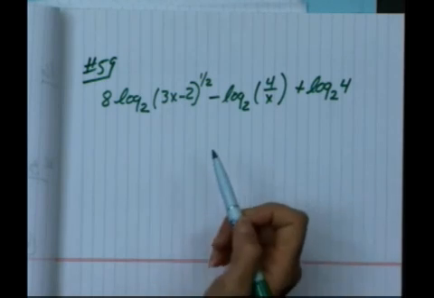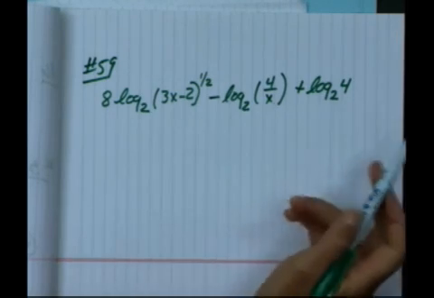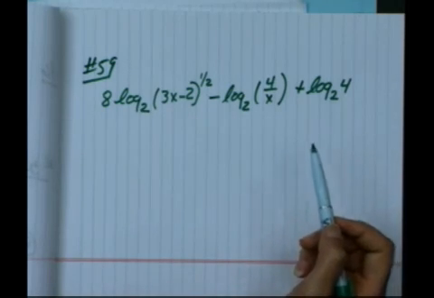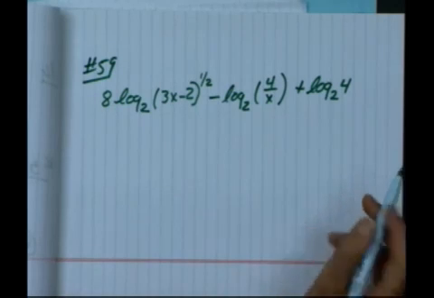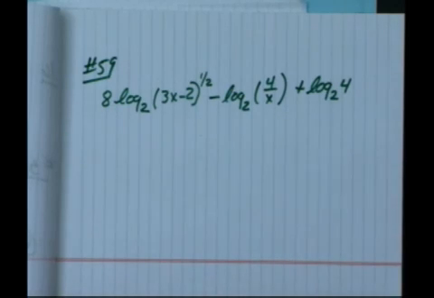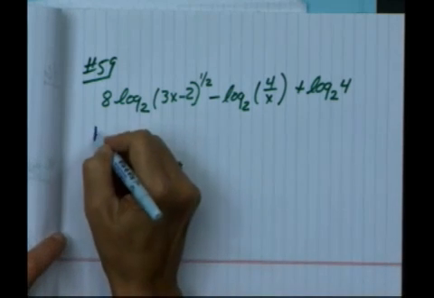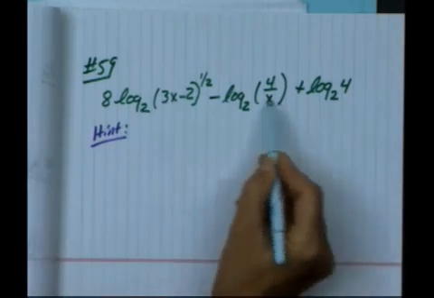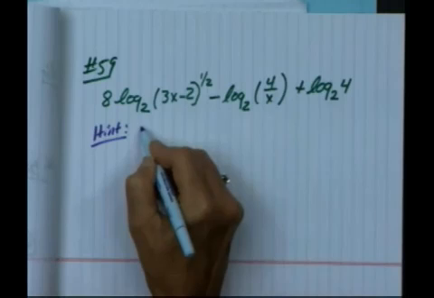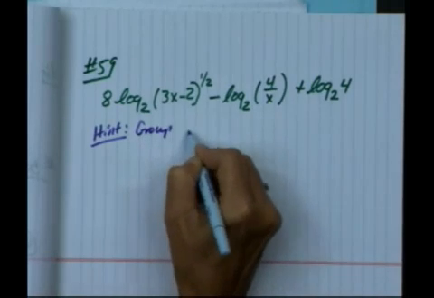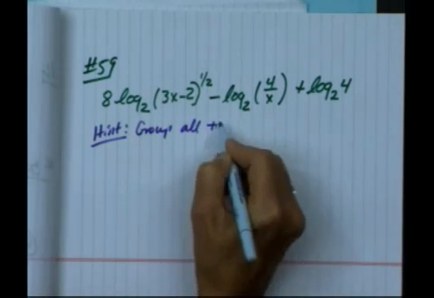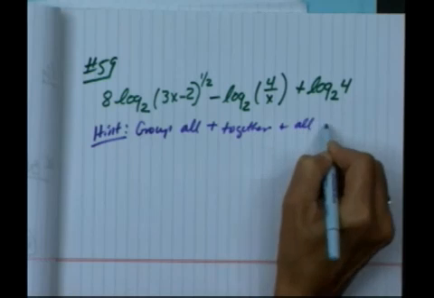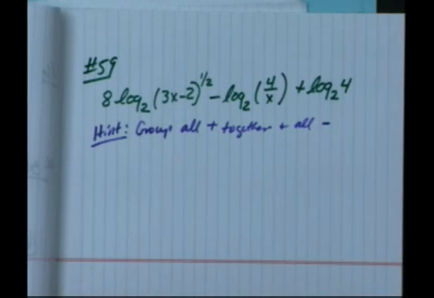All right, we have 3 terms here, and we need to write it as a single log. My hint is that when you have more than 2 terms, group all positives together and all minuses together.